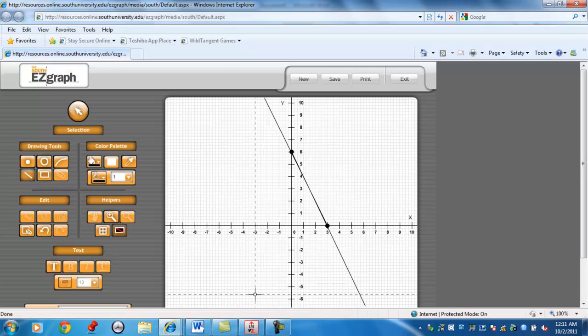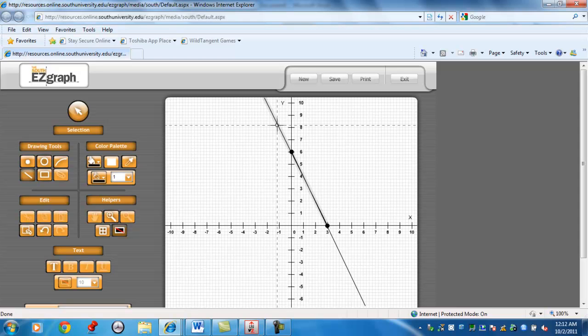If we go back, the other thing we need to identify is the slope. Now, the line in this example is going downward. You can determine if it's going in a downward direction, or we'd say a downward slope, because if you start from the left side of your grid and you move towards the right, the line is going in a downward direction.